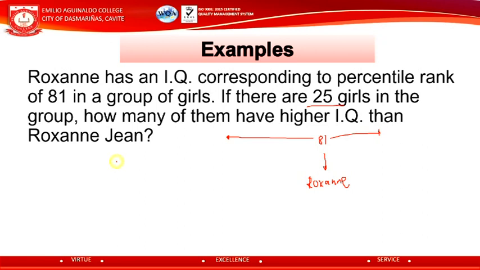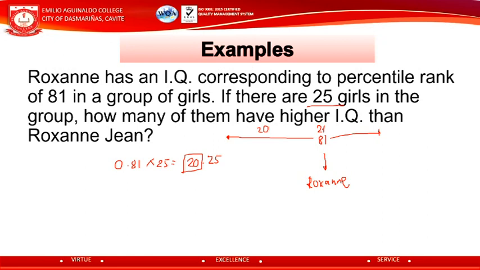We may just multiply 0.81 by 25 and we will obtain 20.25. It means that before the IQ of Roxanne Jean, there are 20 students behind her. So if there are 20 here, it means that the position of Roxanne Jean was at the 21st.